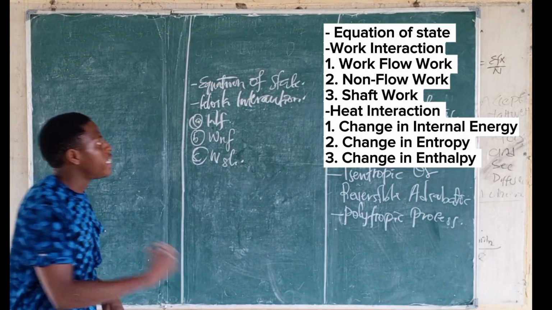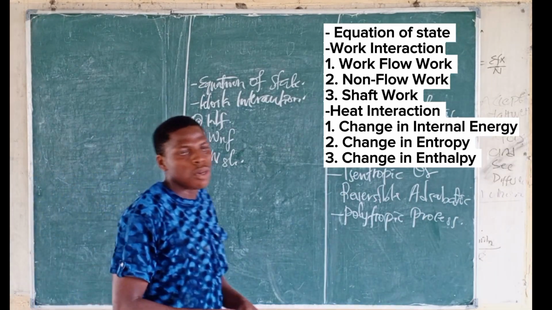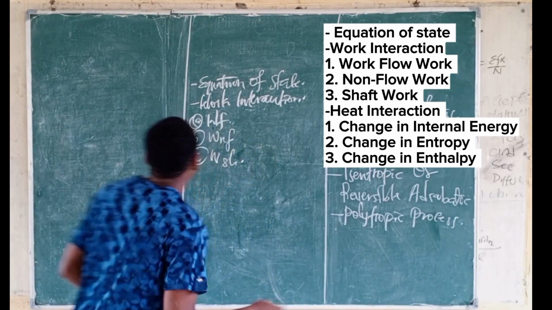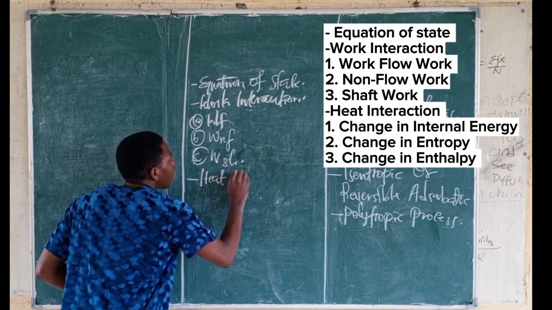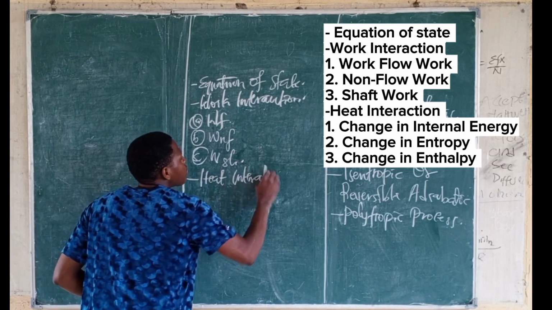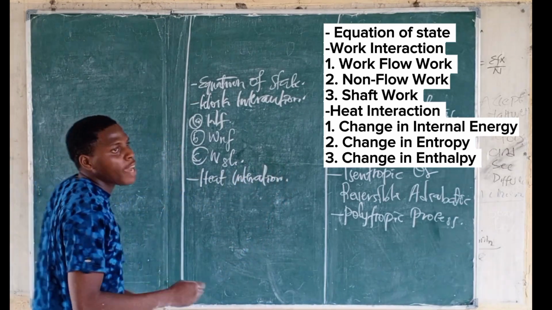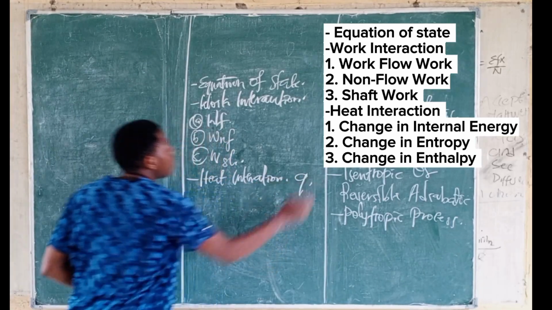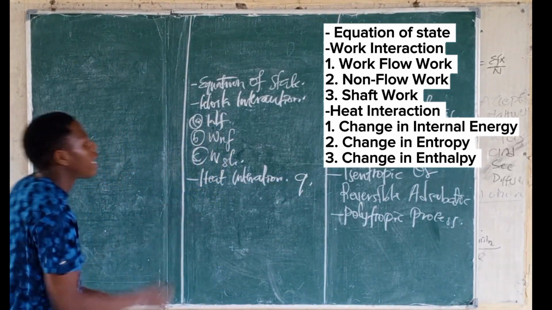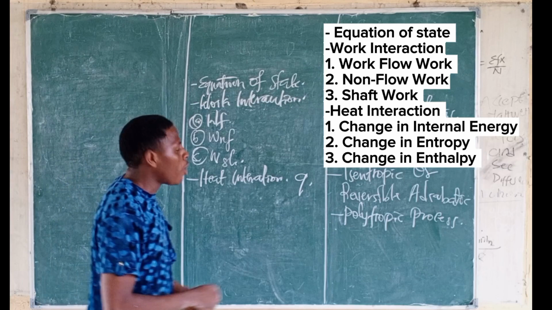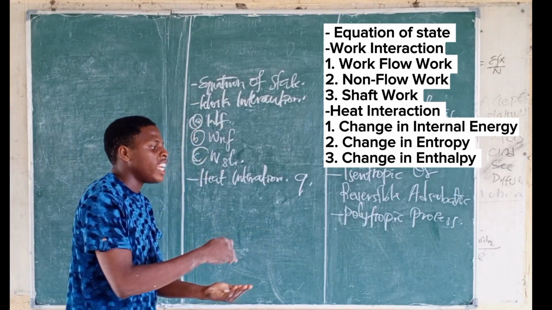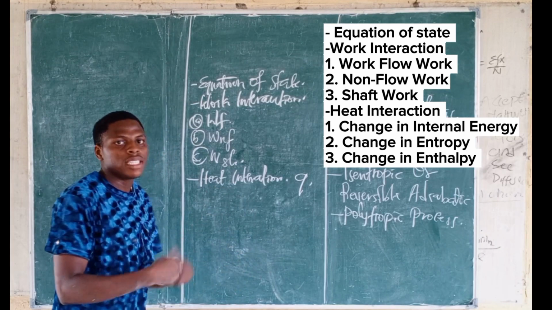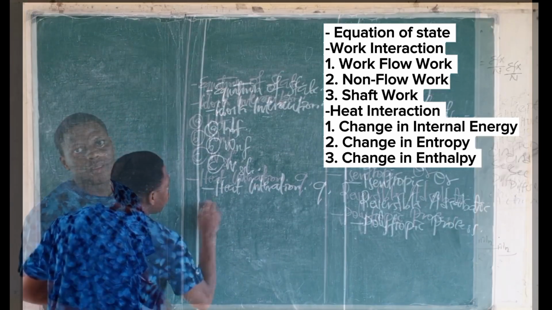Now, after getting your work interaction, the next thing you get is your heat interaction, which is represented by Q. Under the heat interaction, you might be asked to calculate your change in internal energy, change in enthalpy, and change in entropy.